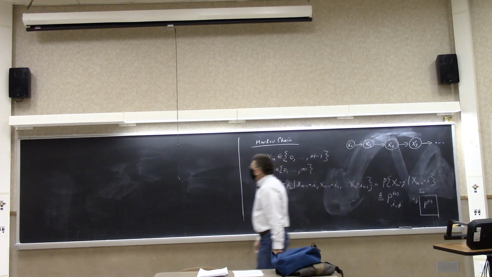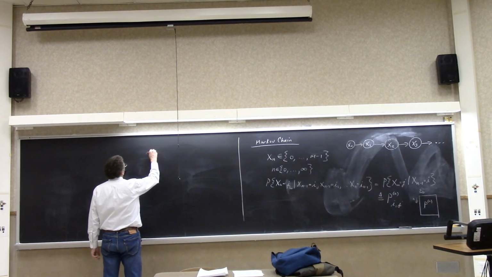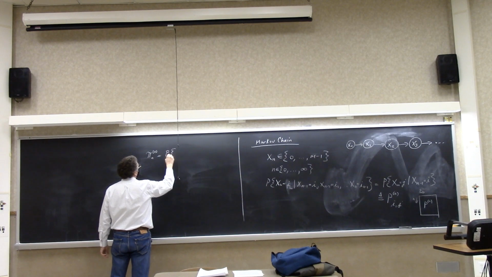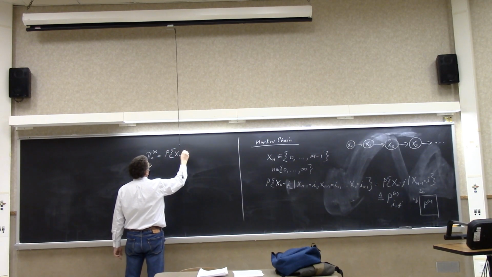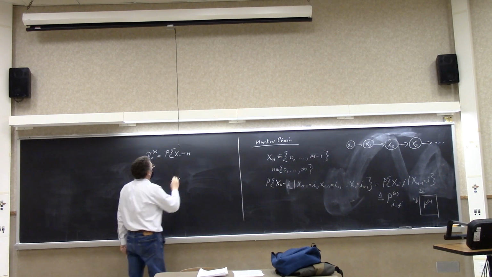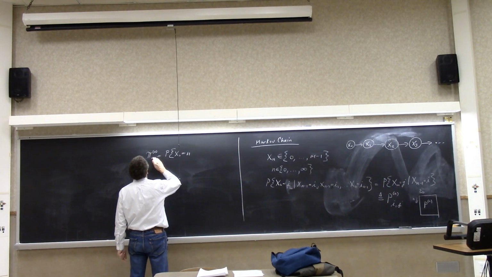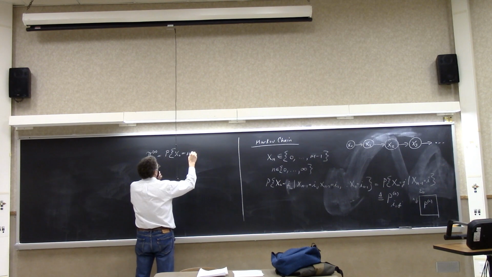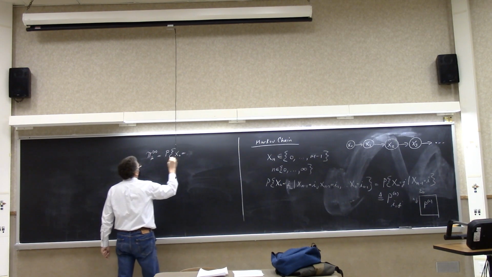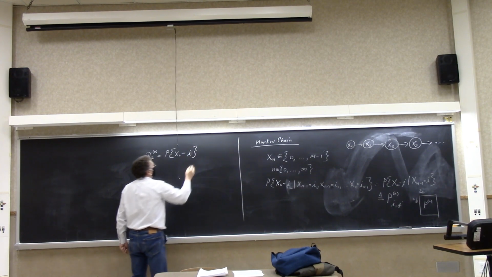So what will happen is if you define P0 of i to be equal to the probability that x0 is equal to i, right? No, I got this all mixed up. Yeah, no, that's right. I'll make this i, because I think the n will cause confusion. Okay?